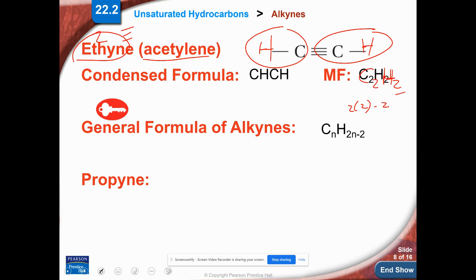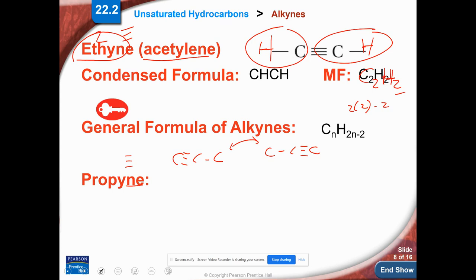Okay, so now let's look at propyne. Prop is 3, so I'm going to do 1, 2, 3, and then YNE means there's a triple bond, so I'm going to draw the triple bond. That's the same thing as if I did that triple bond here, because if I just flipped these back and forth, like you flip a card over, the bond doesn't move position.